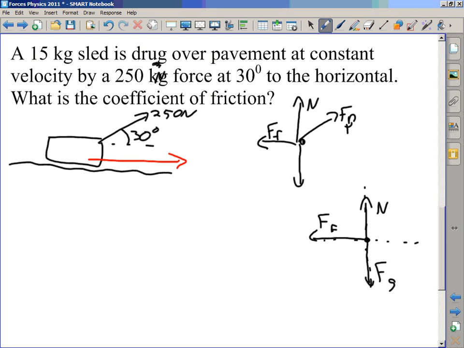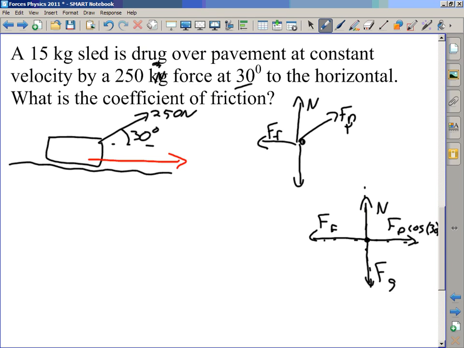What do I do with that force pull? Okay, and what are they? Right, so where does the cosine go? Which way, right or left? Right. Okay, so I'm going to label this FP cosine 30.